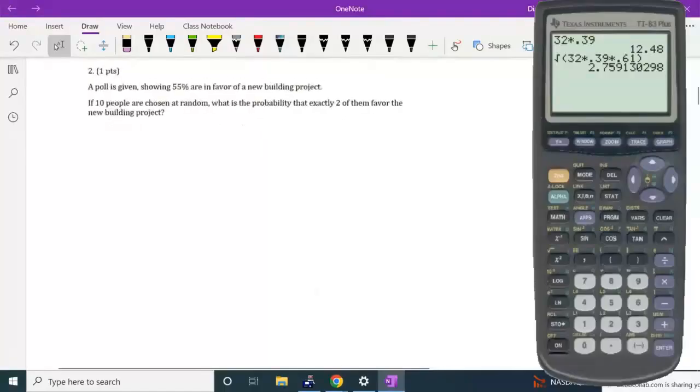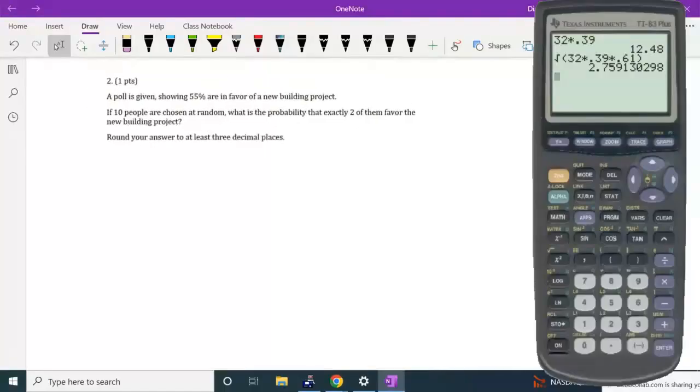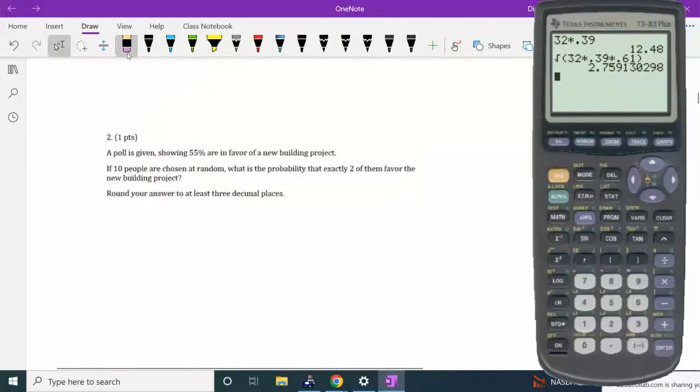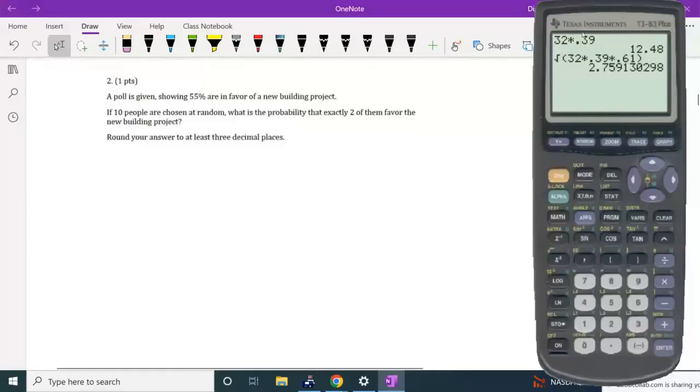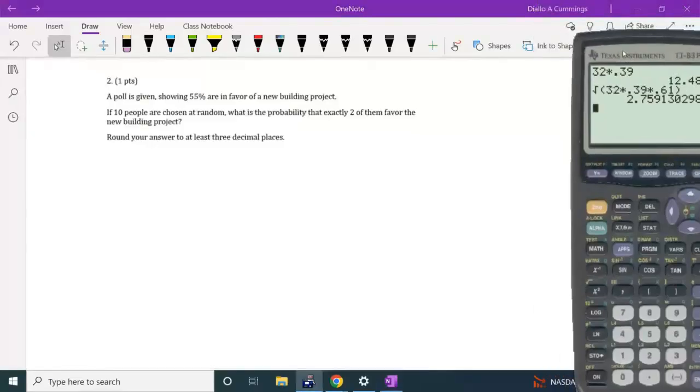All right, problem number 2. Now keep in mind, some of the problems will tell you it's a binomial, other problems won't. So if we look at this problem, it says a poll is given showing 55% are in favor of a new building project. If 10 people are chosen at random, what is the probability that exactly 2 of them favor the new project?